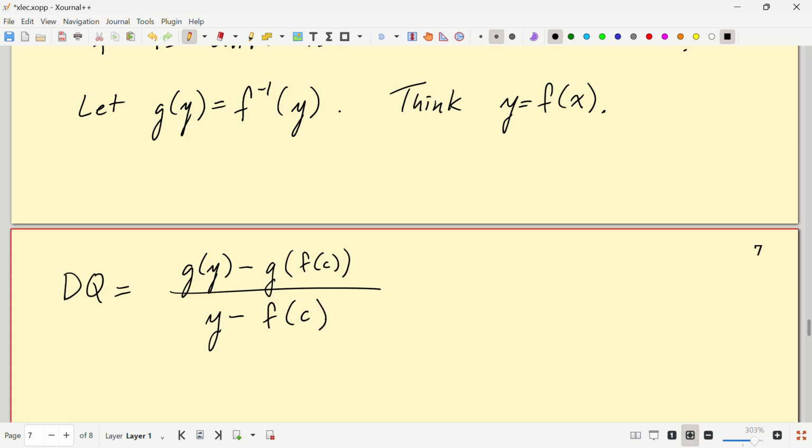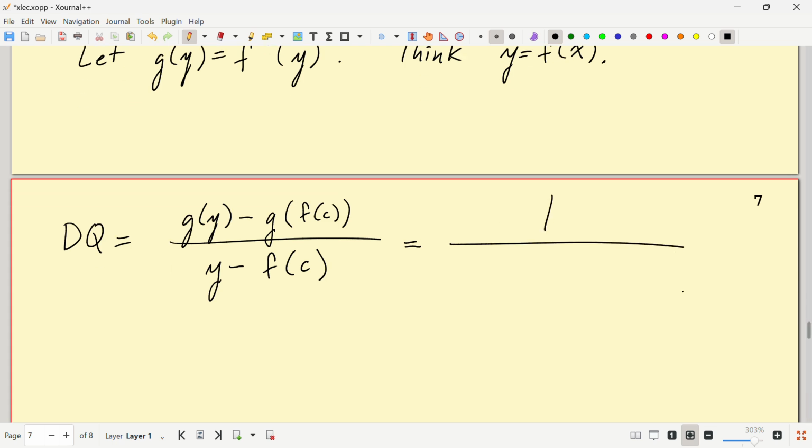And here's the sneaky thing to do. That's 1 over y minus f of c over g of y minus g of f of c.